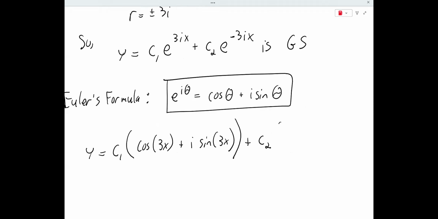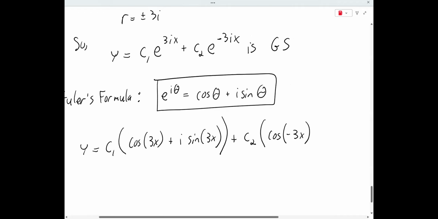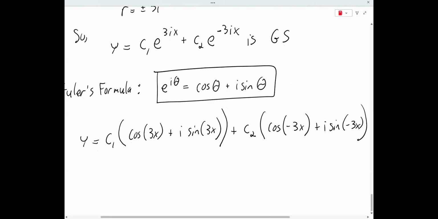and then this would be cosine of what here? Negative 3x, and then plus i sine of negative 3x.